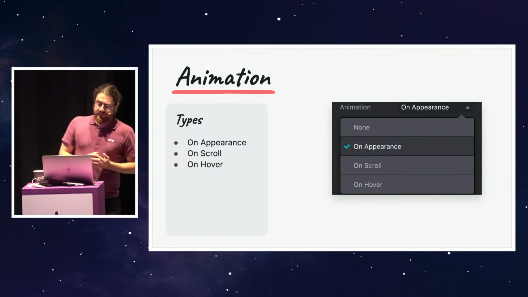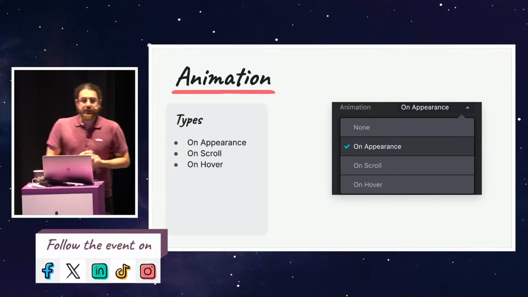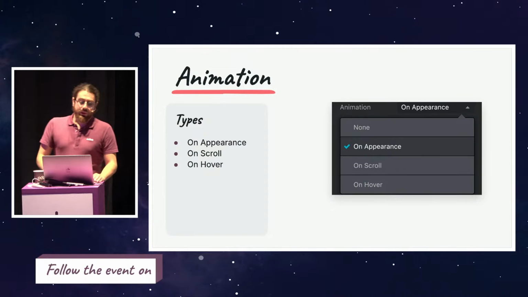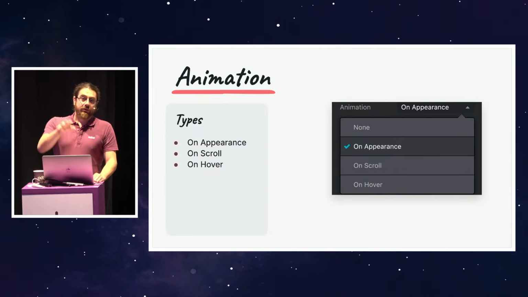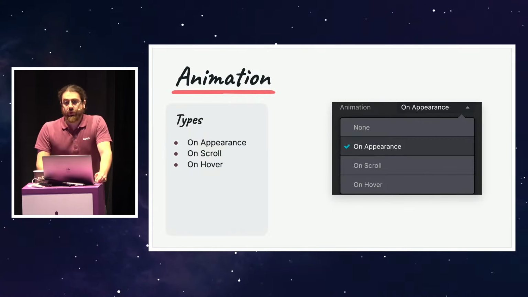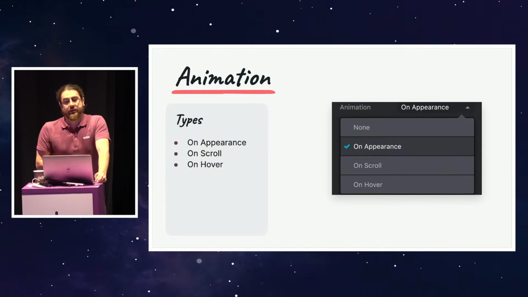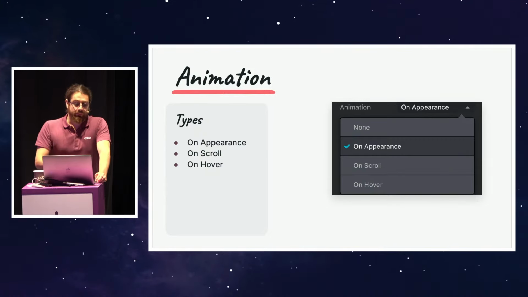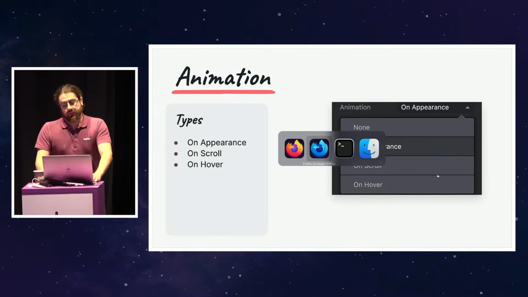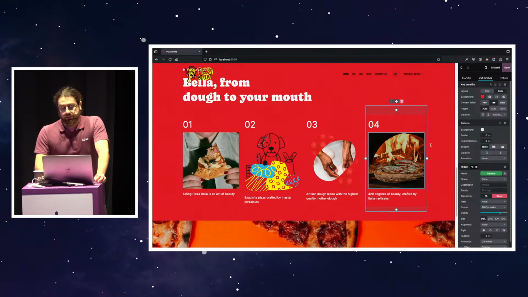Animations on appearance can be triggered either once or every time, while animations on scroll are triggered whenever we scroll through that section. Animations on hover are only applied to images, and we trigger those whenever we hover with the mouse on those images. For instance, this is an animation on hover.